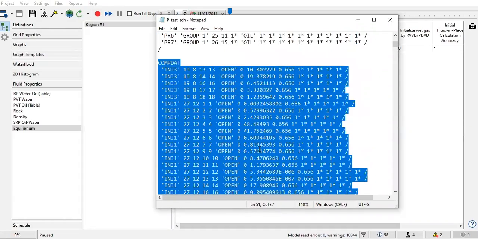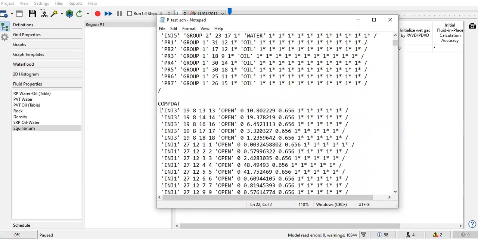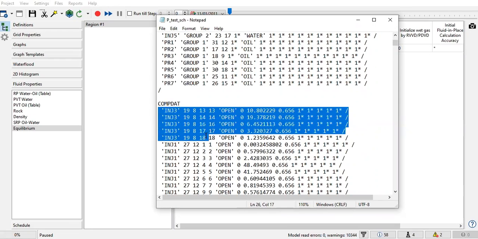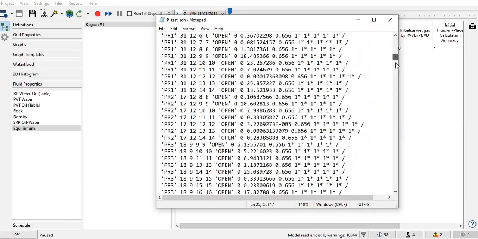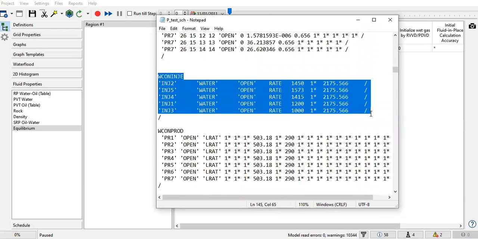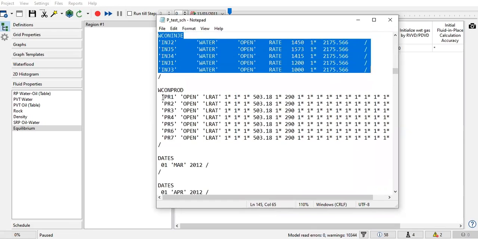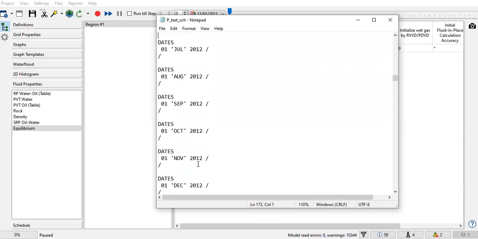And then, yeah, this is COMPDAT, so it will be completion data for each block. You see here, injector 3 is located, or the completion is located at these cells, and then control for the injection rate or injection operation, and then the production, and then the dates for our time steps of calculation.